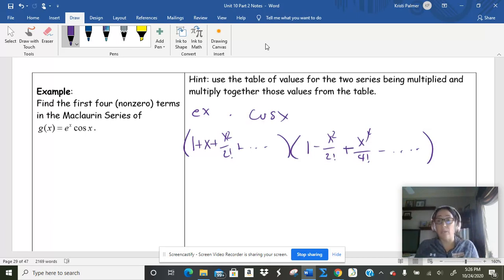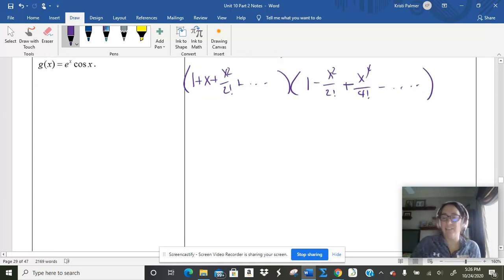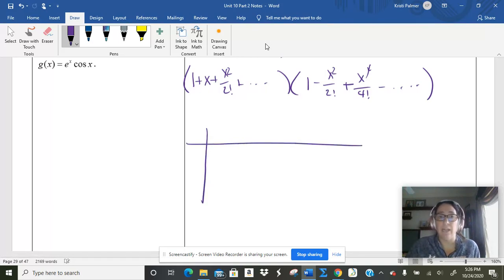Well, this gets really, really tricky. And I know some of you guys are going to be like, oh, I did this back in Algebra 1 or Algebra 2, but the easiest way to do this, I really think, is to make the box method. Write out this one: the x squared over 2 factorial, the x to the third over 3 factorial, the x to the fourth over 4 factorial.